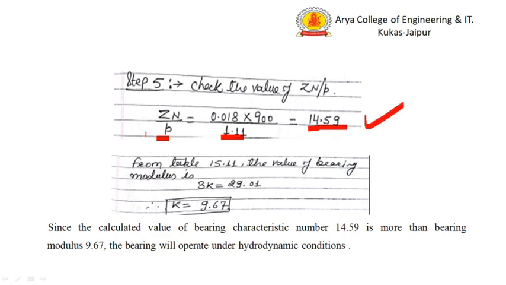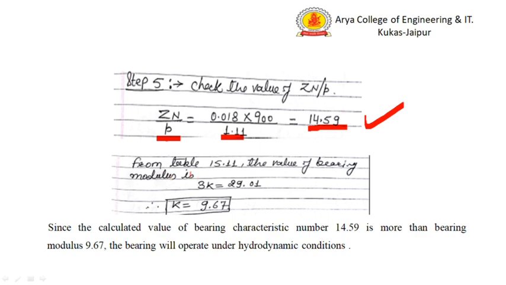Now we have to check this bearing characteristic number, because our bearing must be operated in the hydrodynamic condition. We have already discussed in previous video lectures that for that, the bearing characteristic number Zn by P must be greater than the bearing modulus.